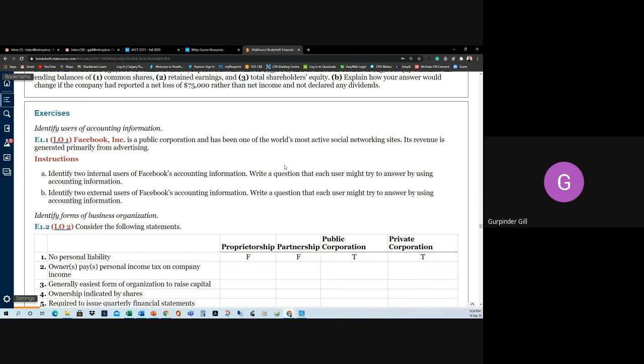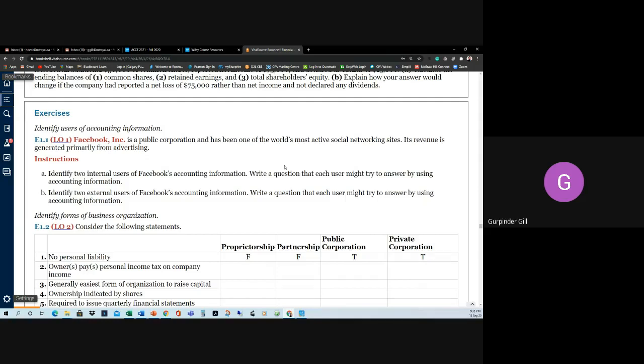So regulatory bodies are looking at that, and those are external. Facebook is also a publicly traded company, so the Securities Exchange Commission can look at that. They are external users. Your Canada Revenue Agency would look at that, if this is in a Canadian context.